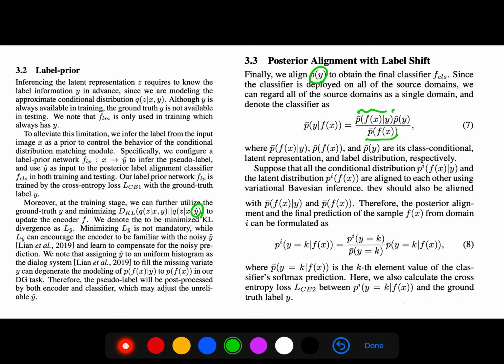Suppose that all conditional distributions and the latent distribution are aligned to each other using variational Bayesian inference. They should also be aligned with P hat. Therefore, the posterior alignment and final prediction of the sample from domain i can be reformulated like this.